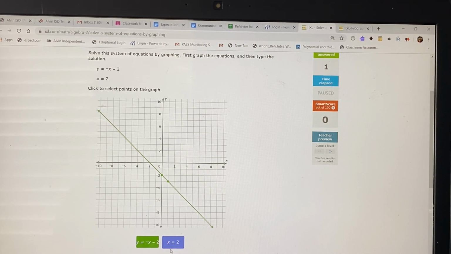So now we have to graph the second one. The second one, just like the first one, we need 2 points. Our second equation is x equals 2. So we're going to find our x-axis, and here's x equals 2. There's my first point. I used the clicker button to click it down and create my first point.